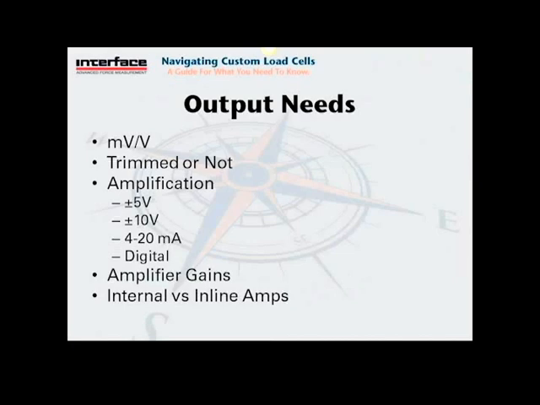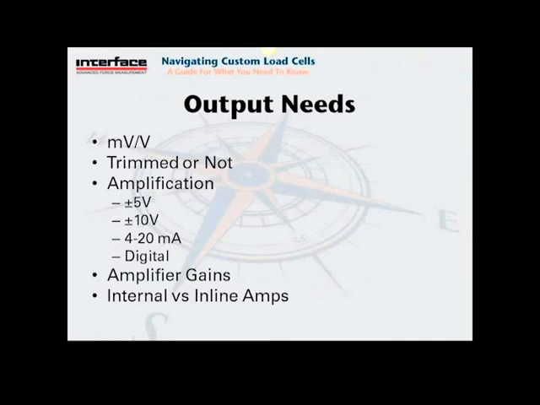A lot of industrial applications need a high-level voltage output or current output to interface with whatever the industrial equipment they're using is. So, for example, a PLC with 10 volt inputs. We offer amplified outputs in plus or minus 5 volts, plus or minus 10 volts, 0 to 10, 0 to 5 volts, 4 to 20 milliamps, 12 milliamps plus or minus 8 milliamps.